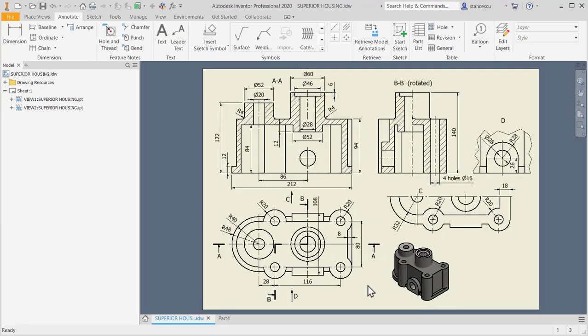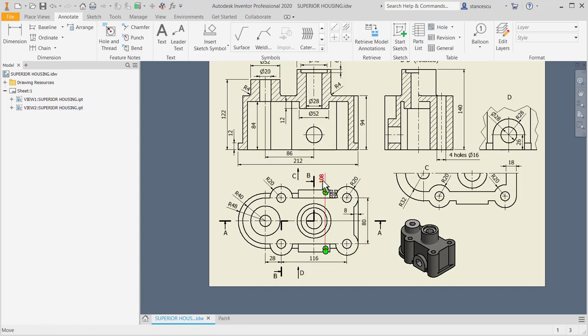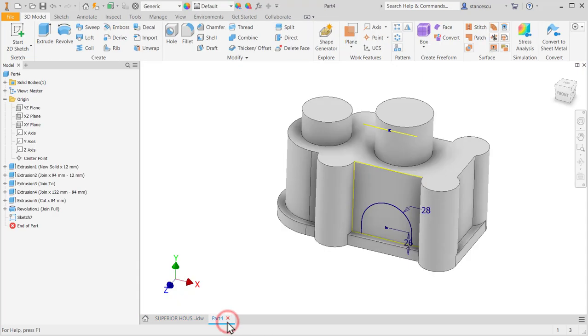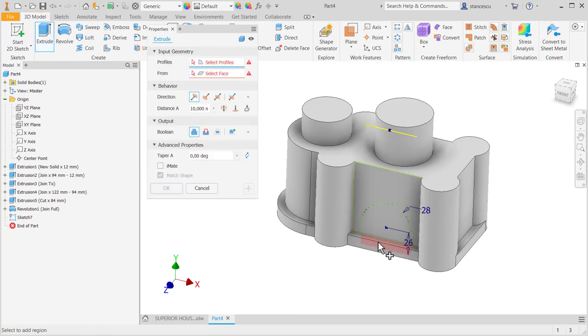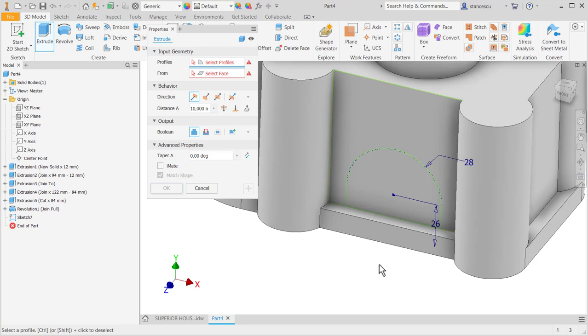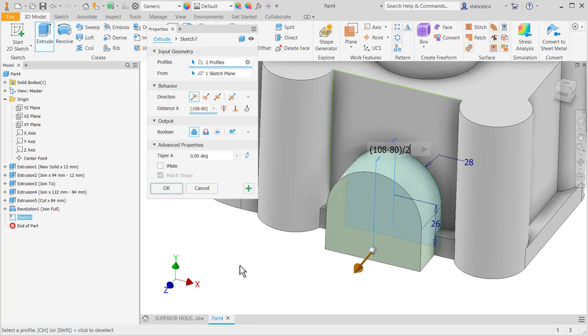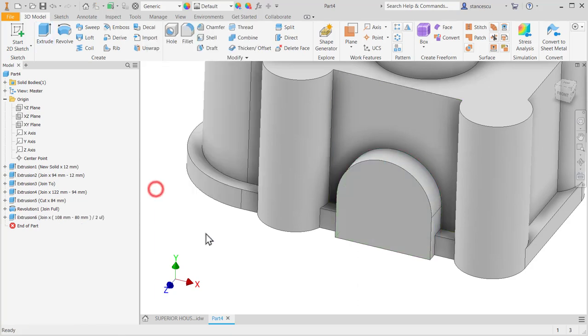What is the extrusion? 108 minus 80 divided by 2 is the expression. Extrude this and this, 108 minus 80 divided by 2. Okay.